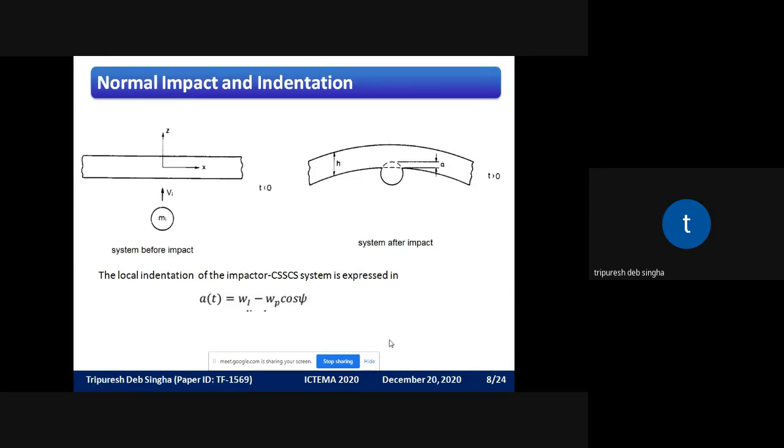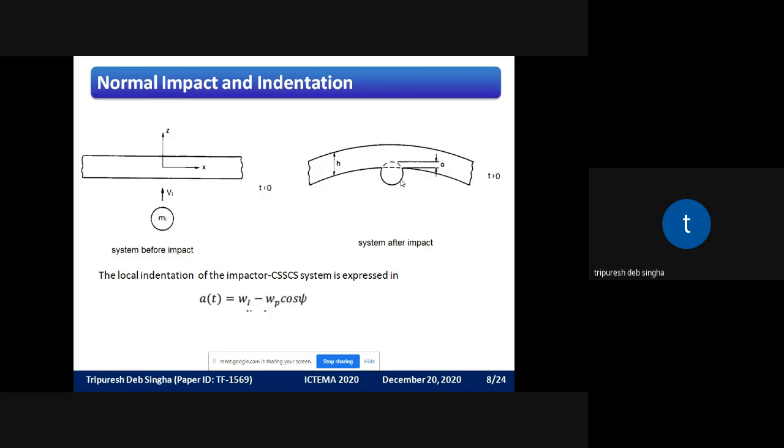Now, consider the normal impact on the conical shell by the steel impactor, that means the elastic impactor, with the initial velocity vi. So this is the system before the impact, the shell structure, and the impactor impacts on this shell. After the impact, a local indentation occurs.